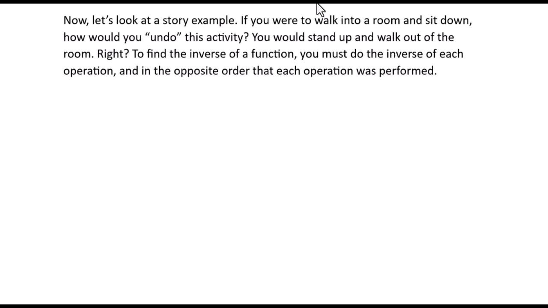Our first activity was to walk into a room. Second activity was to sit down. The inverse of sitting down is to stand up, and the inverse of walking into a room is walking out of the room. So we've undone the original function using the inverse idea.